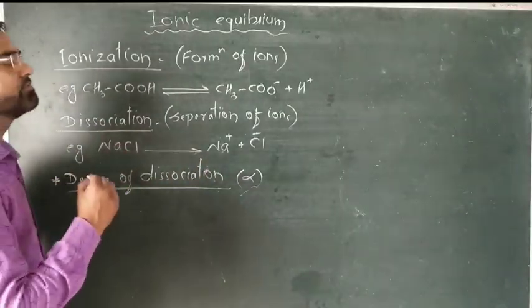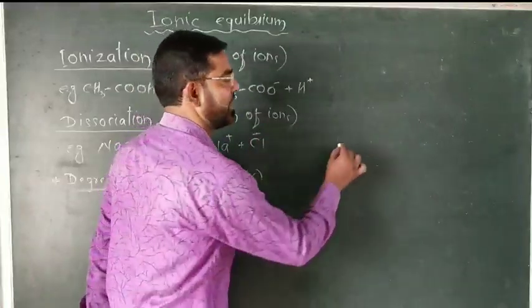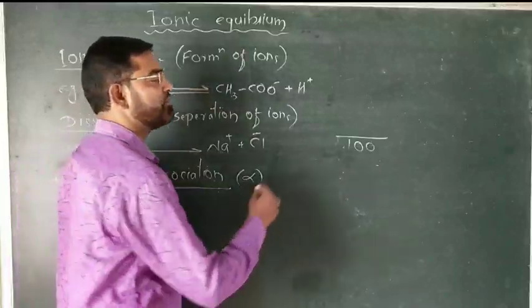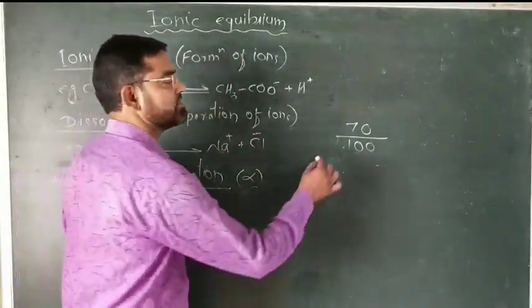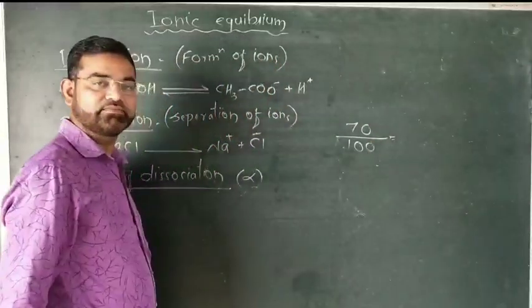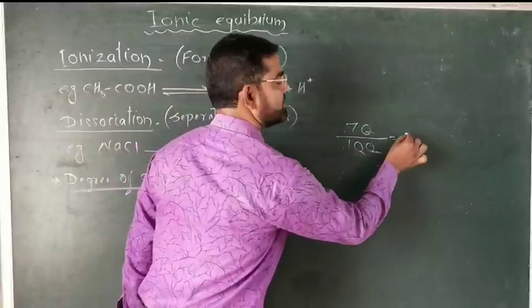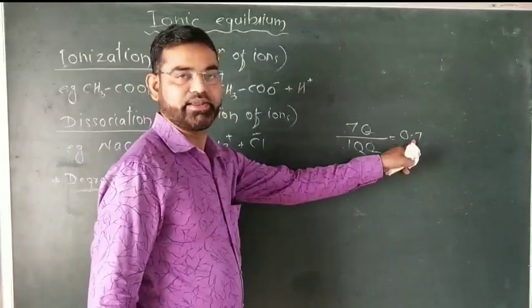For example, suppose your chemistry paper is of 100 marks and you get 70 marks. What is the degree? Cancel the marks, and 0.7 is the degree.